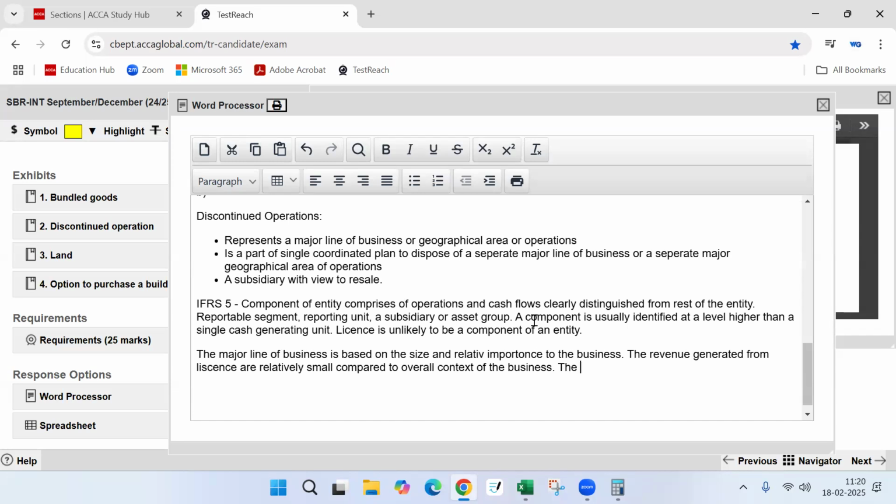Further, the sale of license was not due to a coordinated strategic decision, whereas it appears to be a normal course of business, which includes continuous change to the composition of licenses.